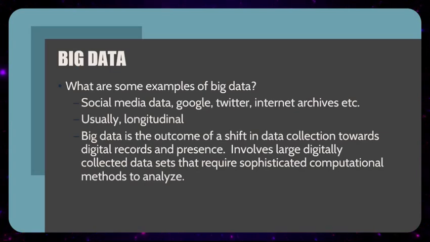Lastly, we have big data. Big data is something relatively new that we see coming up with the social media data that's collected about you, Google data that's collected about you, Twitter, Internet Archives, etc. There's so much data now out there from TikTok, Facebook, Reddit, X or Twitter, all these companies collect data about you and then sell it.